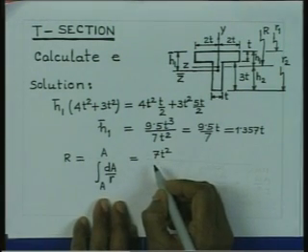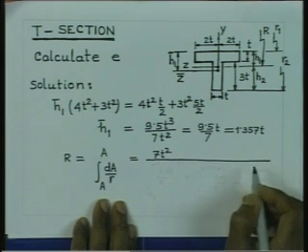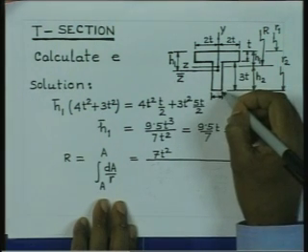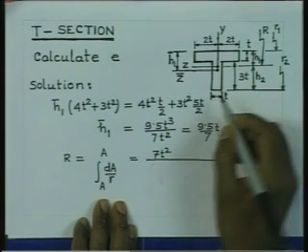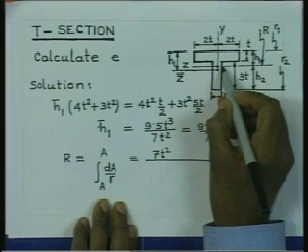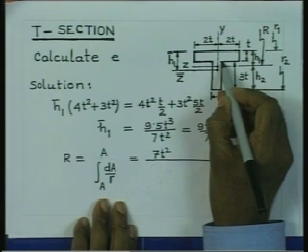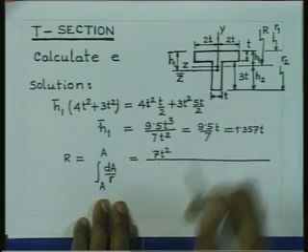Now, to calculate dA, we have to go in stages. We can consider dA for the portion from the bottom fiber up to the origin, and from origin to the junction of the flange and the web, and then again from the bottom of the flange to the top of the flange.